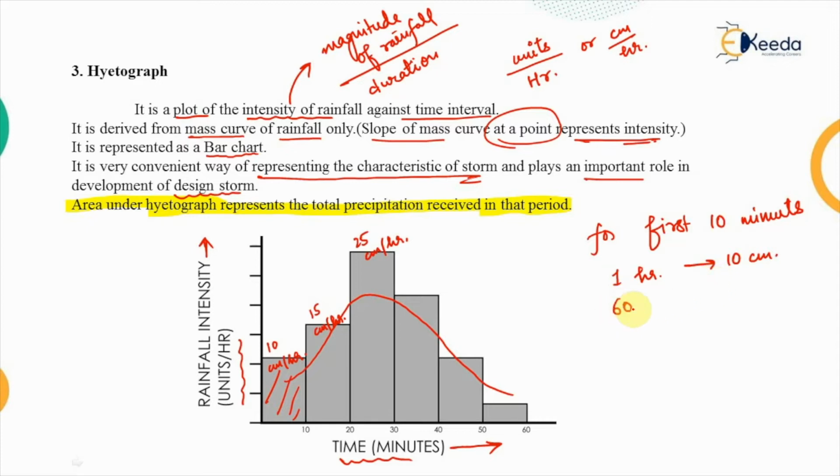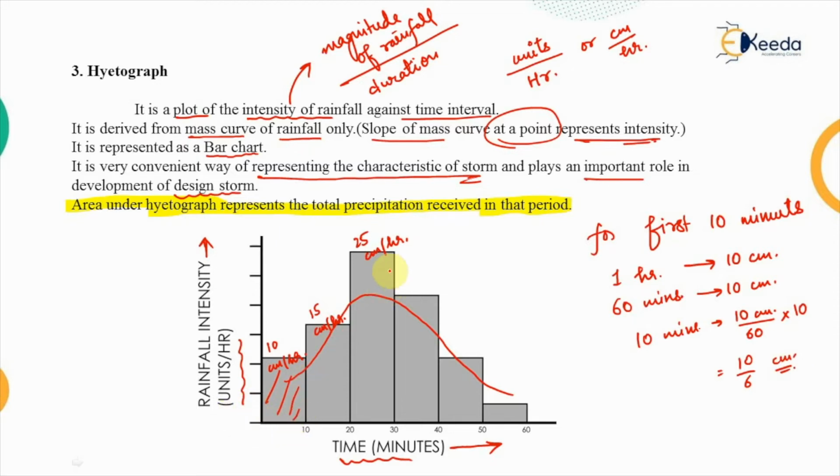Now this 1 hour can be written as 60 minutes. So that means in 60 minutes we have 10 centimeters of rainfall. So for the 10 minutes duration, the rainfall will be 10 centimeters divided by 60, into 10. So this is 10 by 6 centimeters of rainfall in that particular 10 minutes.